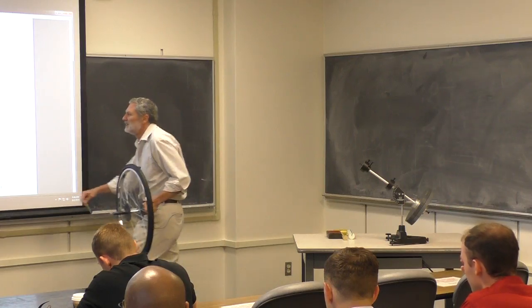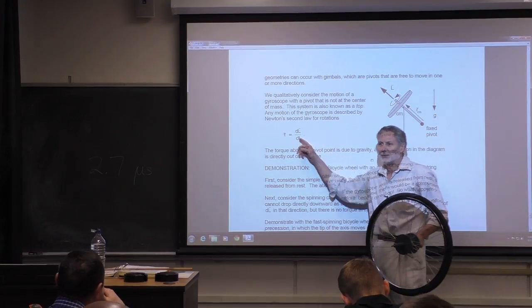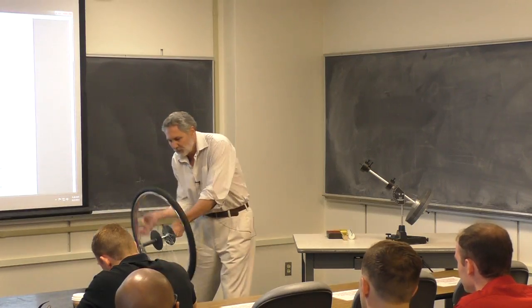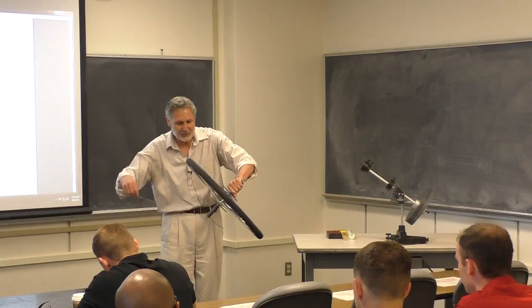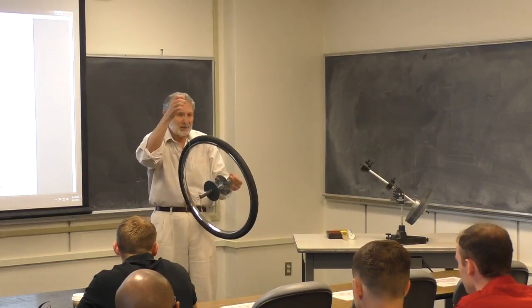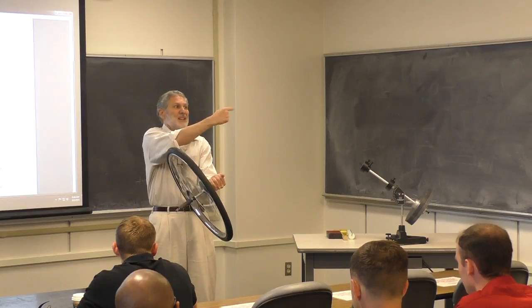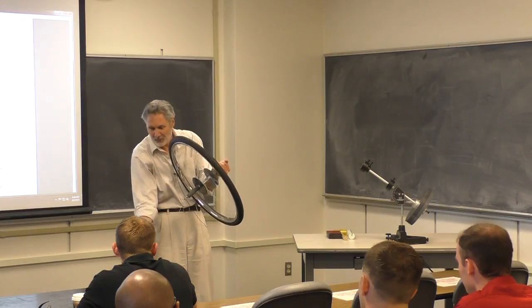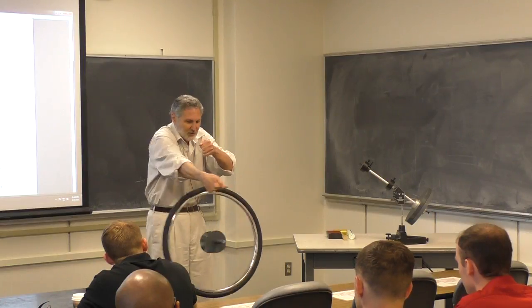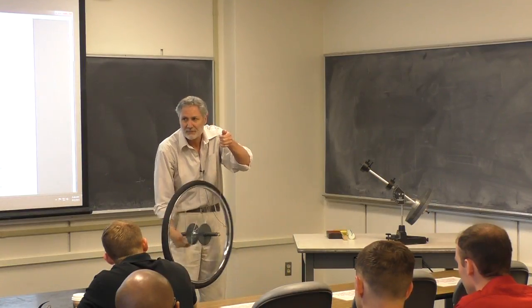How can we reconcile this motion with this? Well, we initially have this angular momentum pointing this way. The torque is pointing this way. The change in the angular momentum has to be in this direction. And is that what happens? Yep. See it? The angular momentum is changing in this direction.